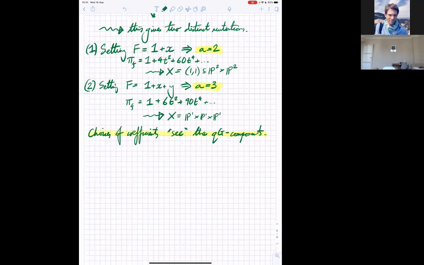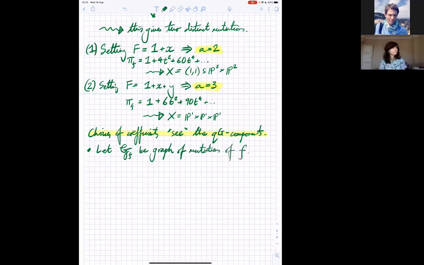All right, so now let me introduce these maximal mutable Laurent polynomials. So let G_F be the mutation graph of a Laurent polynomial f.